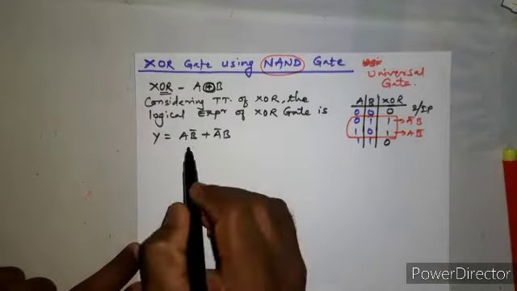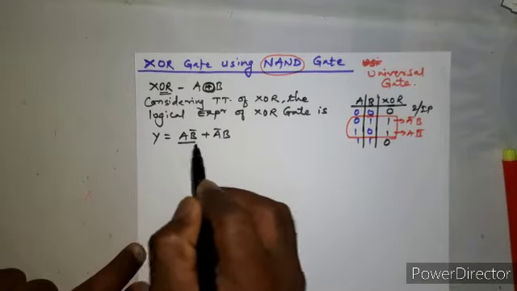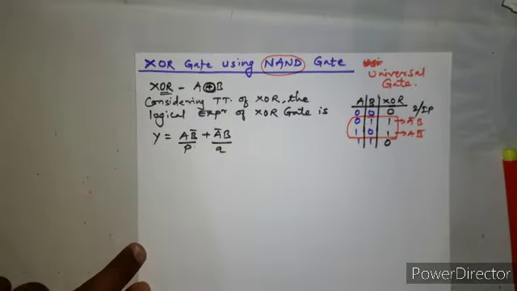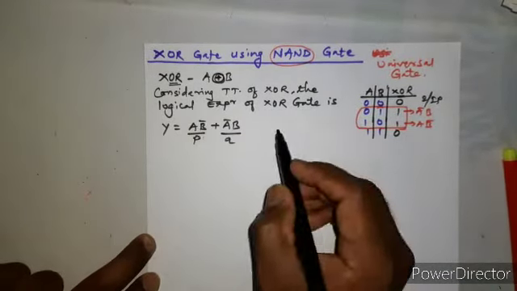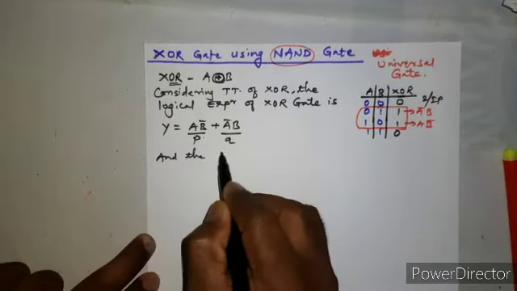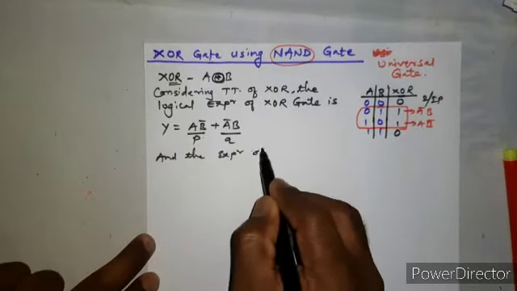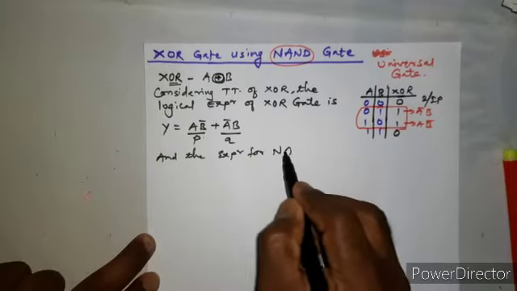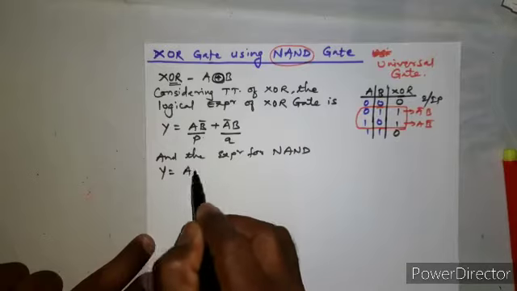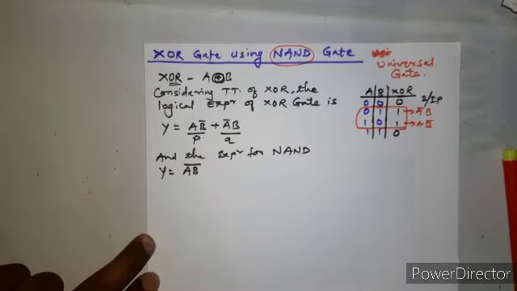Okay, now consider this as P and this as Q, right? And the expression for NAND gate is y equal to A B whole bar.